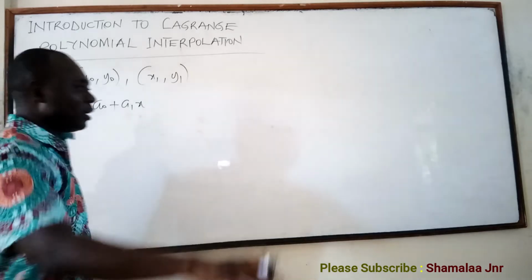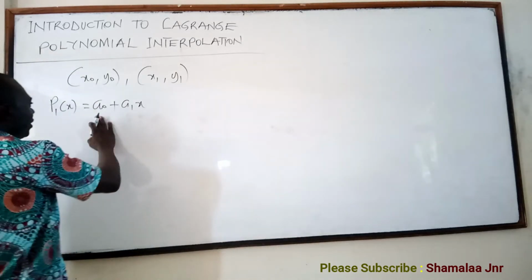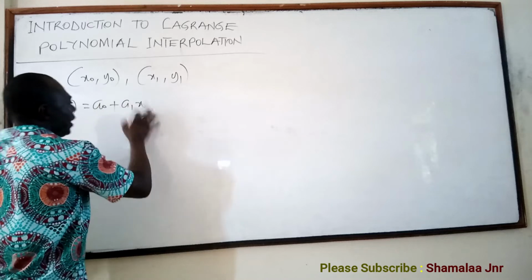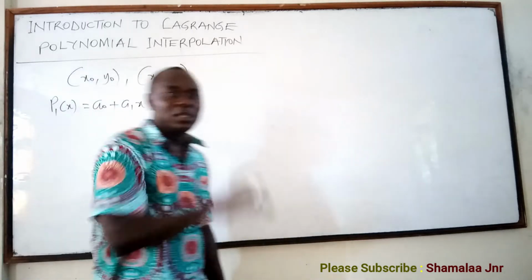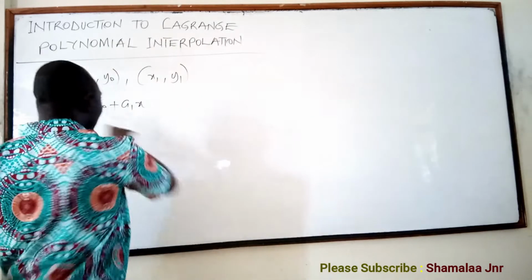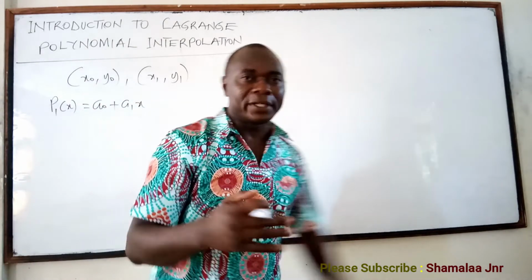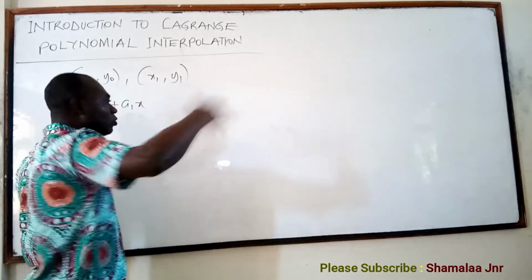This is a constant term, and this is a1x. So you see that the highest power of x is 1. That is why it's a linear polynomial. When the highest power of x is 2, it is quadratic. If it is 3, it is cubic, and so on and so forth.